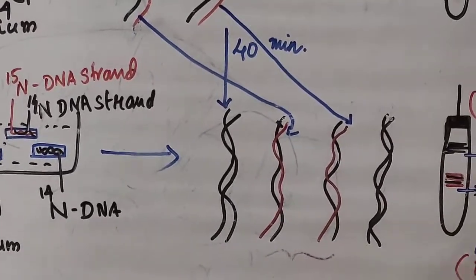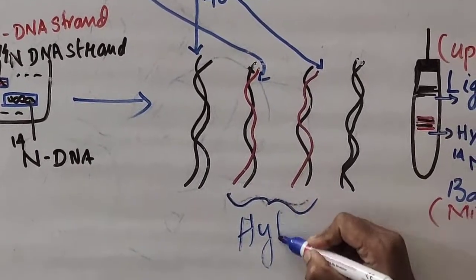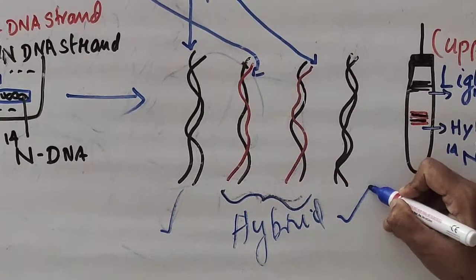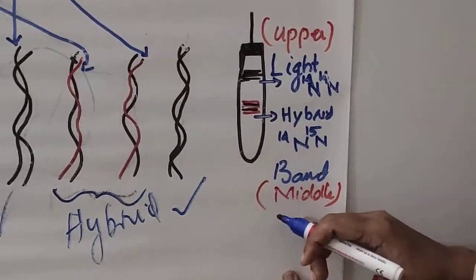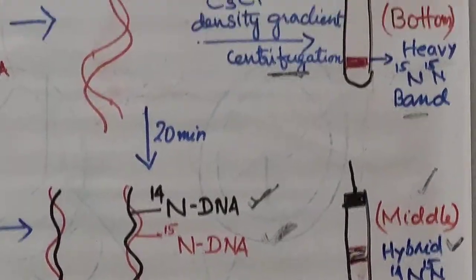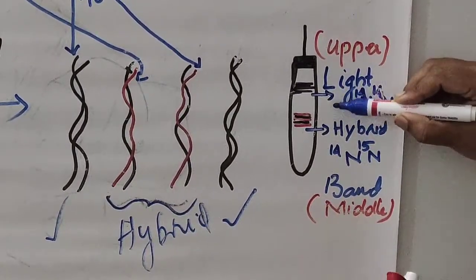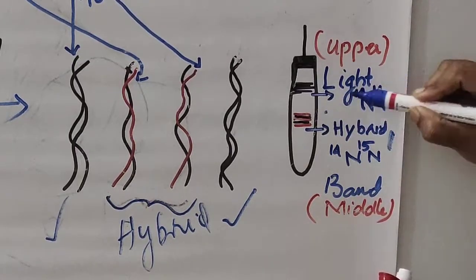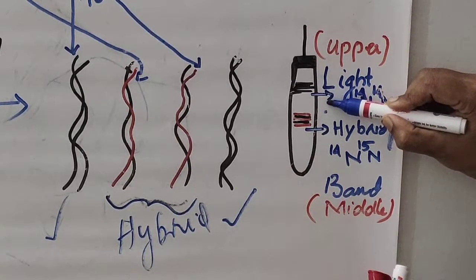Out of that, 2 were hybrid, and the other 2 were brand new N14. They again underwent the same cesium chloride centrifugation, and they could isolate 2 bands. One is the hybrid band at the middle and the other is the light, normal N14 band at the upper side of the centrifuge tube.